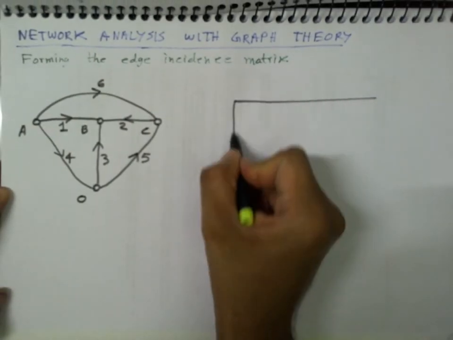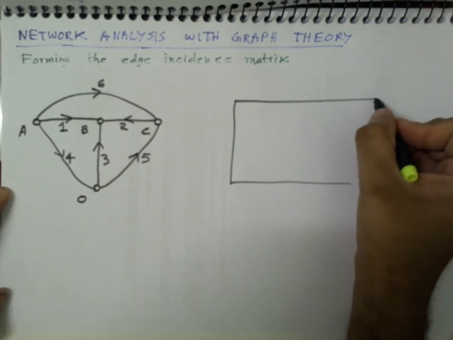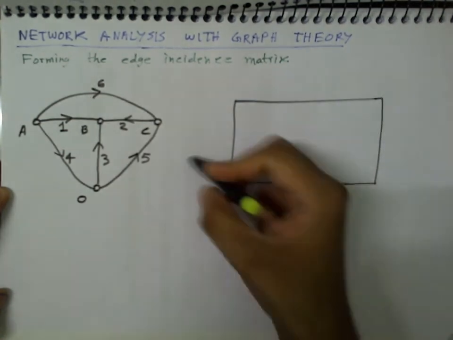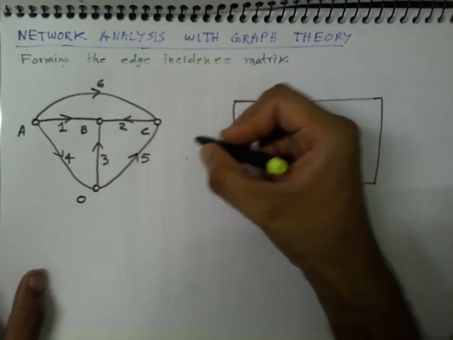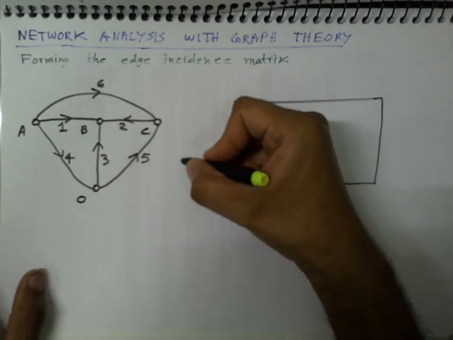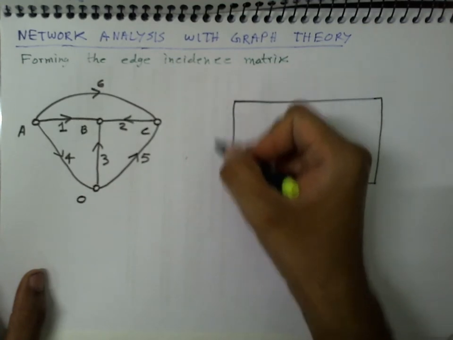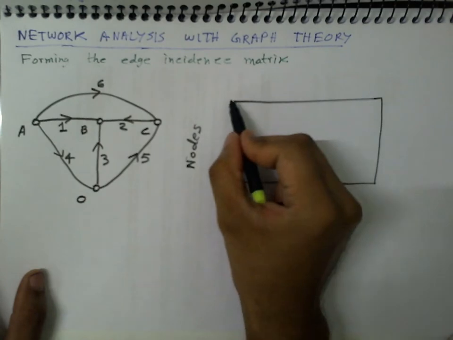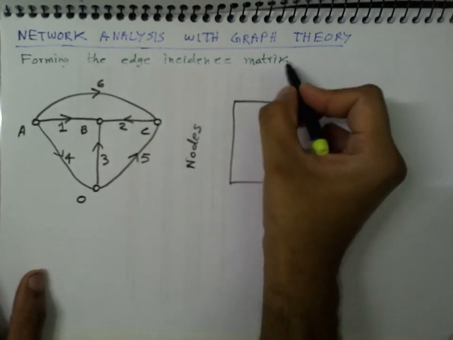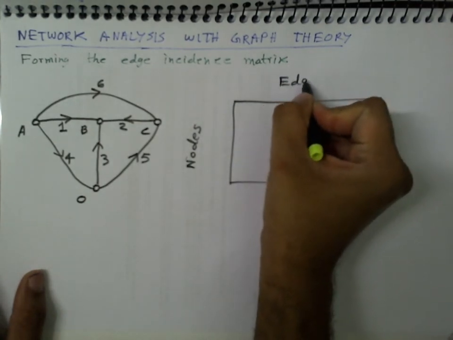It's a table where this side, or one side, any one side you choose to start with, it's convenient to choose this side to represent different nodes, and this side to represent different edges.